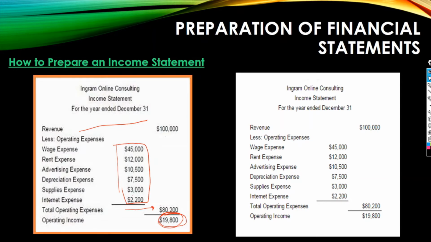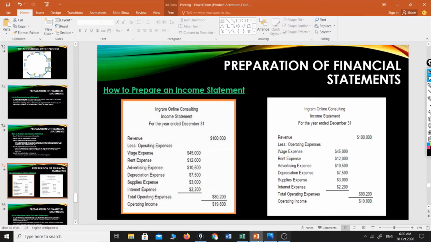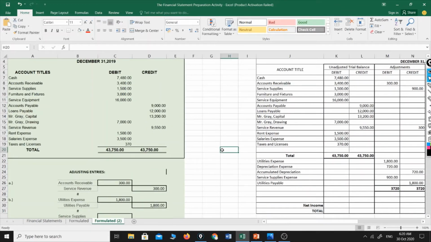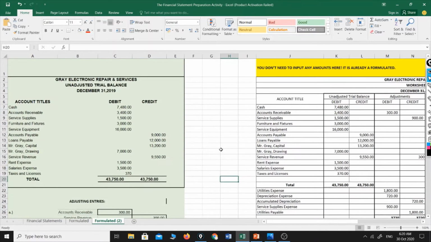So let's go over to our example, or a continuation of our game. If you remember, this is still the case of Gray Electronic Repair Services.